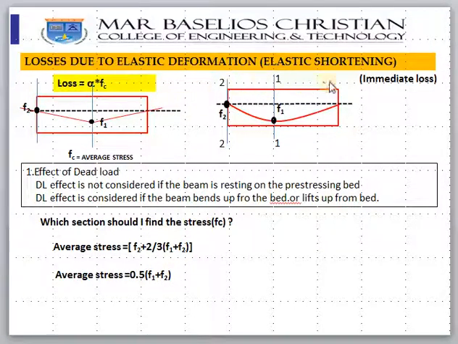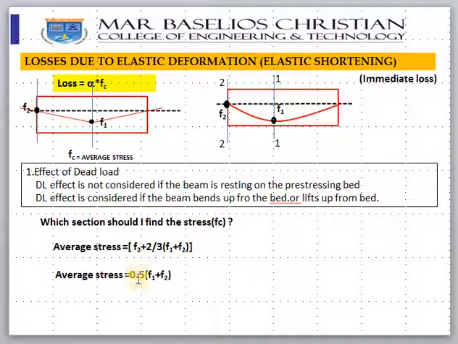Whereas in case of a parabolic tendon, let us say at section 1 the stress is F1 and at section 2 the stress is F2. When I say stress, I mean stress in the concrete at the level of steel. Then the average stress is F2 plus 2 by 3 into F1 minus F2. Why? Because this is a parabolic profile, and the other is a straight, linear profile.